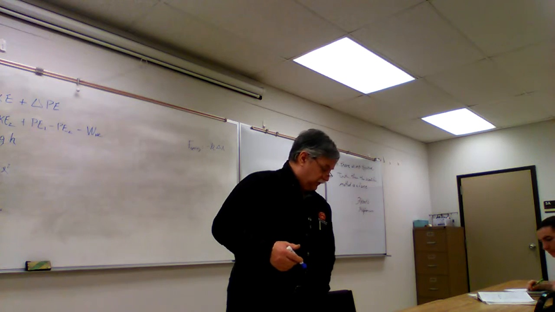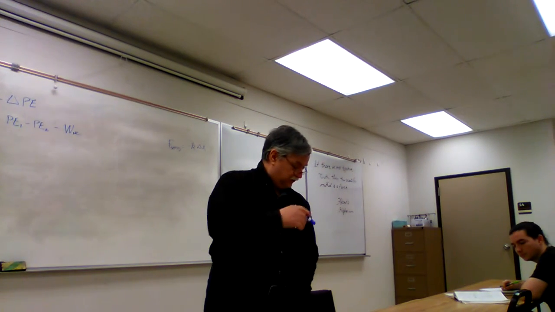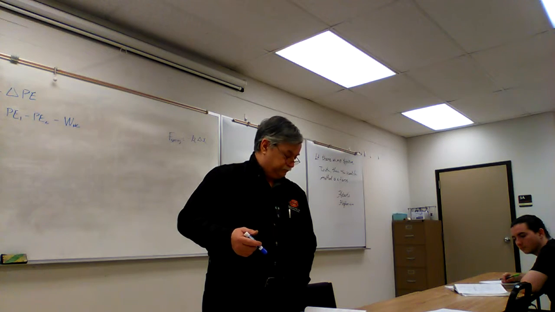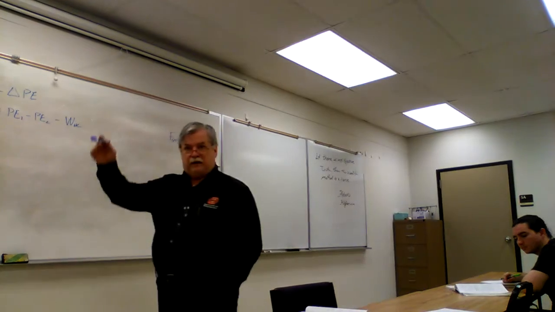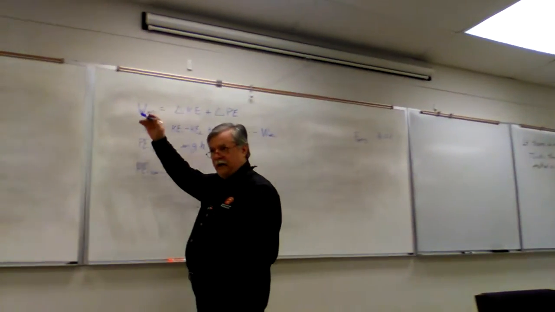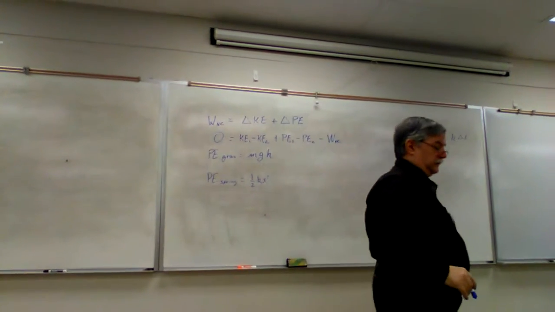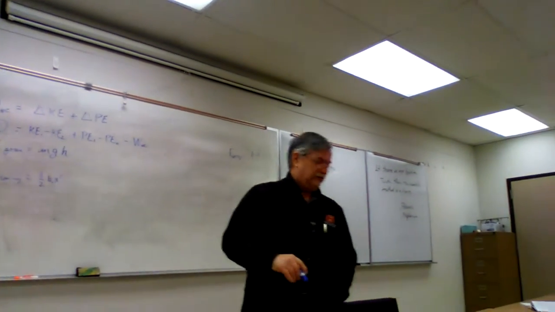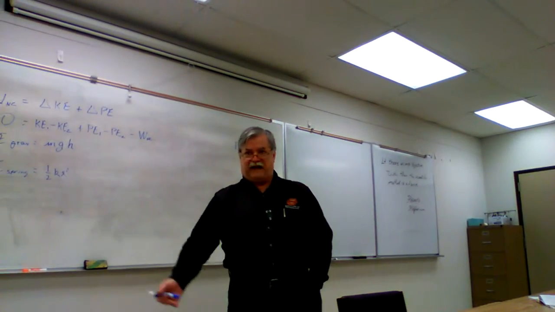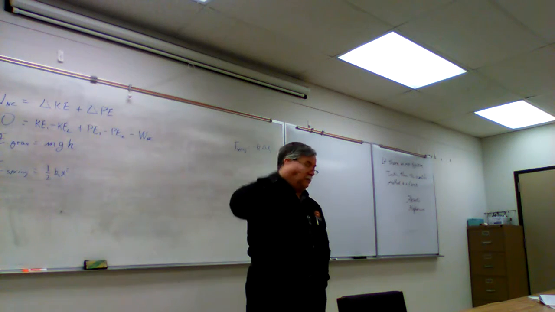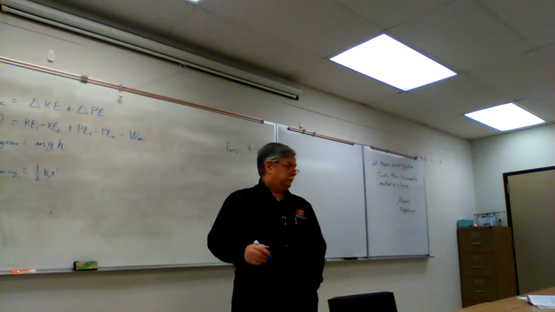And there in the picture, in figure 6.27, it shows the roller coaster. And here's the problem. The cart starts off at rest at 40 meters above that lowest point. And we define that lowest point right there in the valley as 0. So it starts off 40 meters above that at rest.